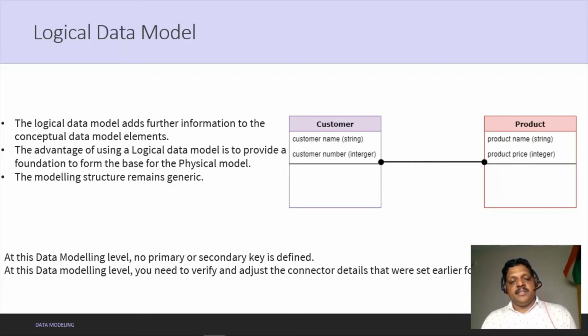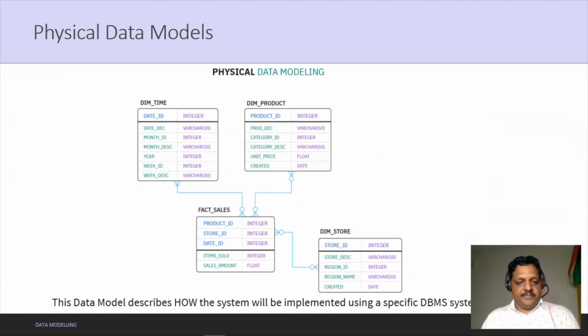Okay, so you understand what is conceptual data model and what is a logical data model. Now let's move on to the physical data model. This data model describes how the system will be implemented using a specific DBMS system.